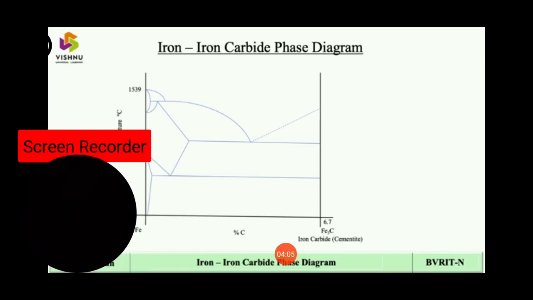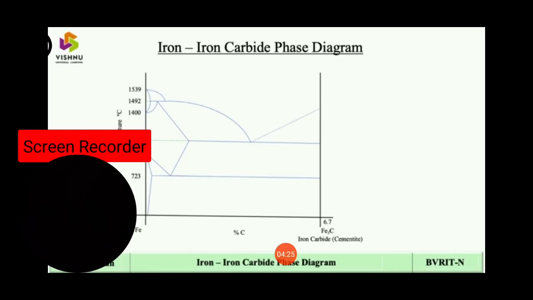So it starts with 1539, then we have one intermediate which is 1492, then 1400, then another intermediate which is 1147, then 910, and now 723. These are the temperatures, represented in degrees centigrade.